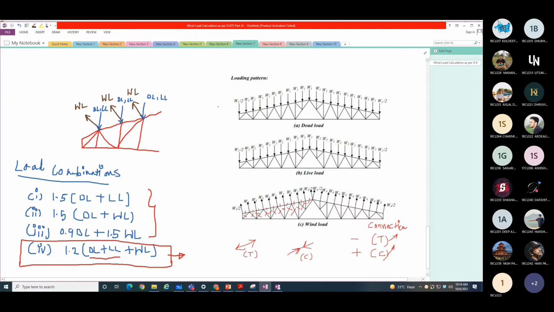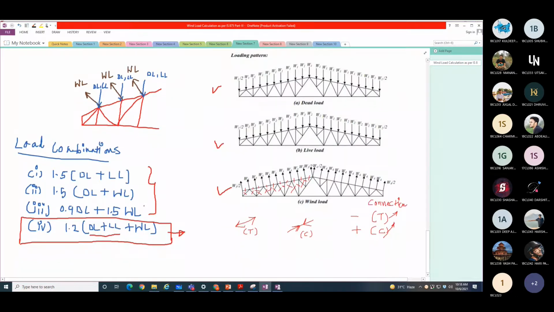So once you have all these dead load, live load and wind load values separately, what you require to do is the load combination. You require to prepare one table where you have the member, right?